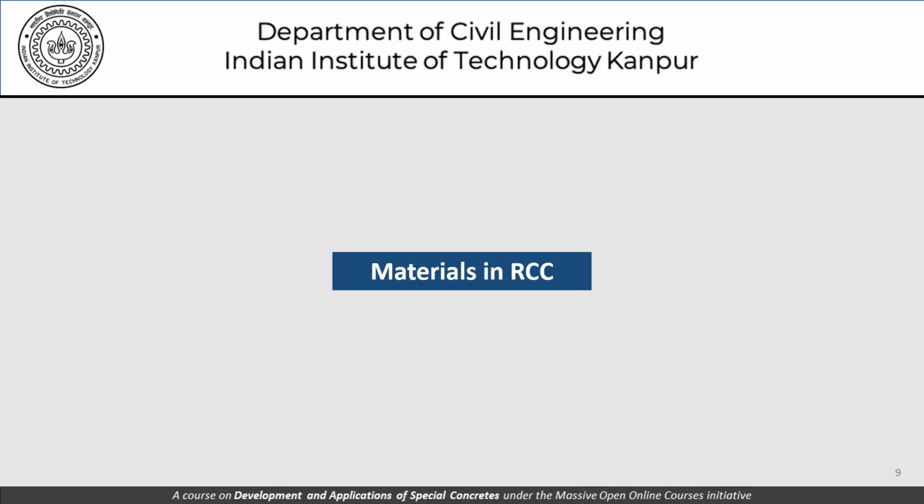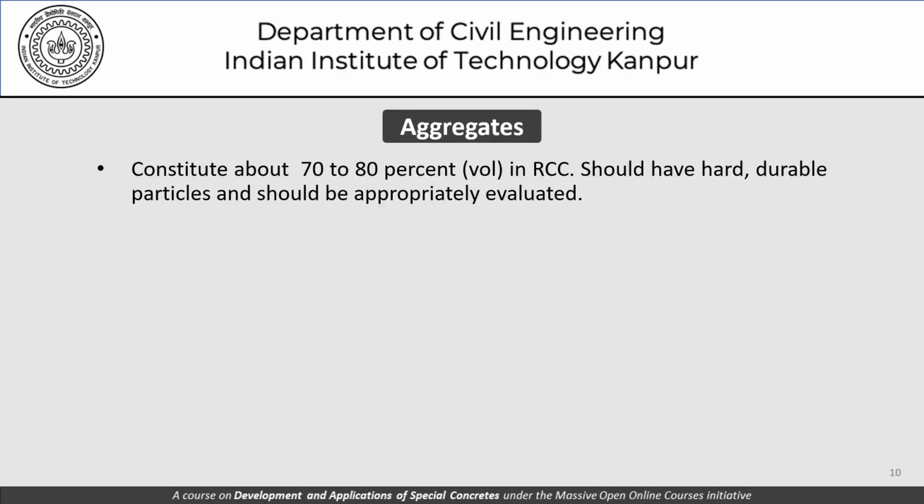As far as the materials used in this concrete are concerned, we should remember that aggregates constitute 70 to 80% by volume in RCC. Compare this number with the numbers that you have for normal concrete. You'll find that this number is definitely higher. Therefore the aggregates have to be hard, durable particles and should be properly evaluated.